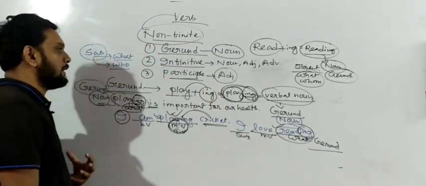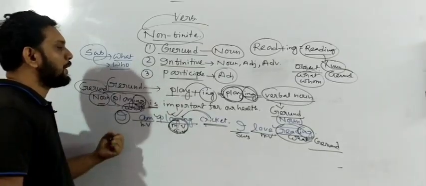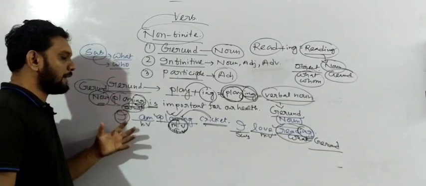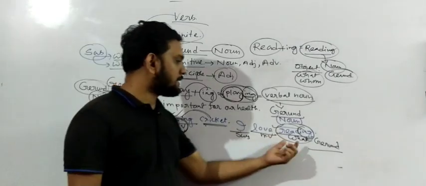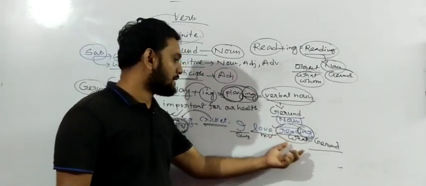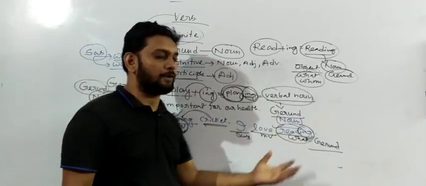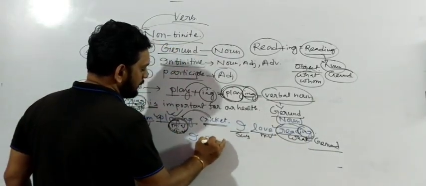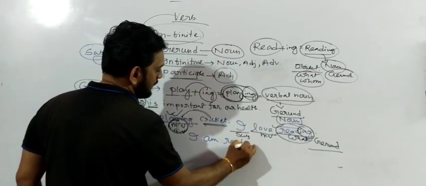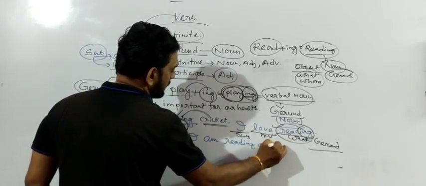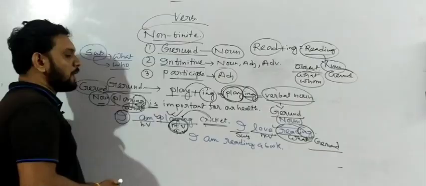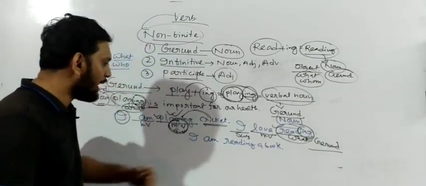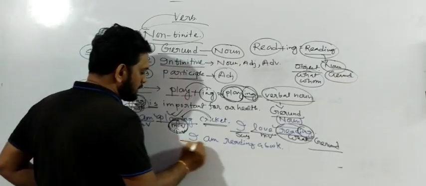Got my point, all of you, how this word, reading, I have used as a noun, as a gerund form. If I want to write an example, I am reading a book. Could you tell me what will be the function of this word in this sentence? I am reading a book: here I is the subject, yes or no?